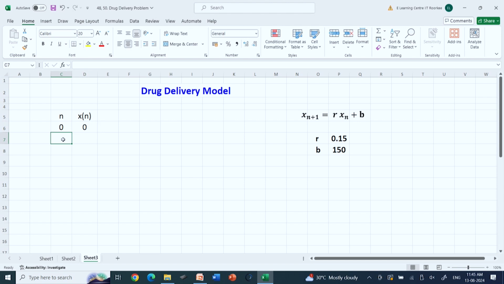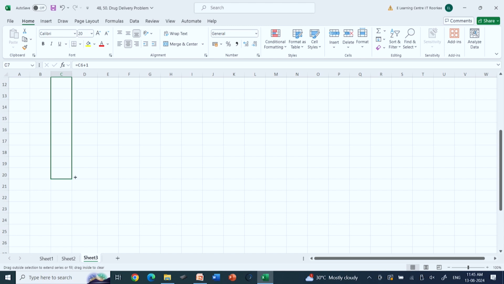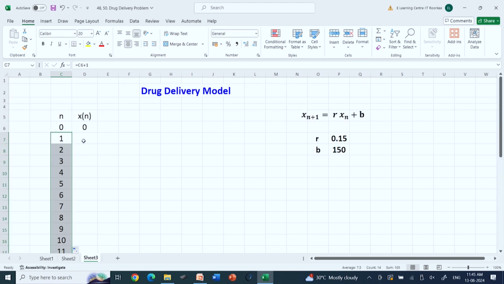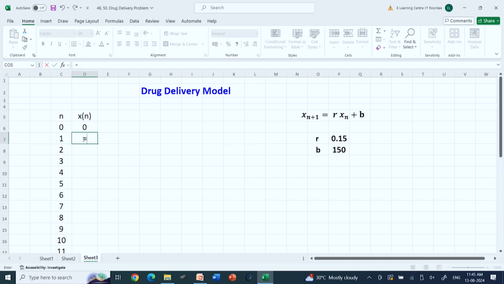So, we increase n by 1 and drag this to a few values, and this value is equal to r multiplied by xn plus b.